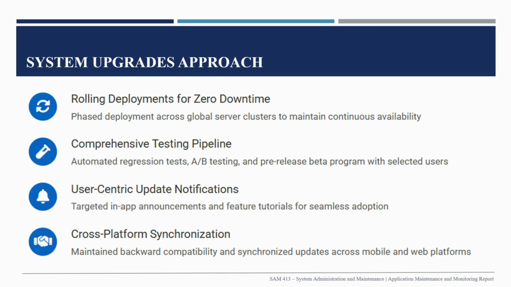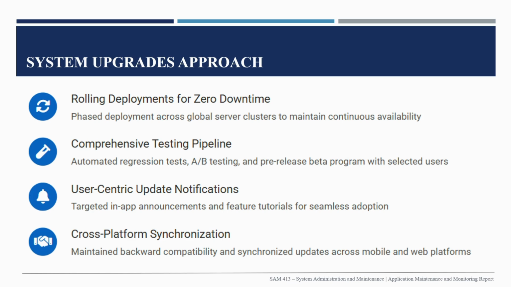With canary deployments, new features are first rolled out to a small percentage of users, allowing engineers to monitor performance and catch issues before full deployment. Blue-green deployment maintains two identical production environments, allowing instant rollback if problems arise.